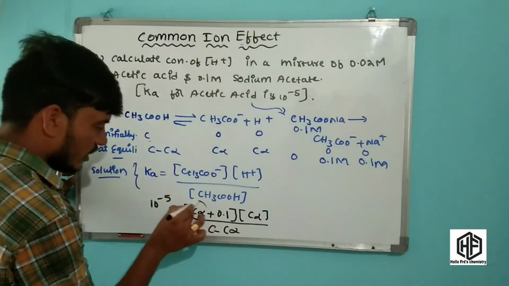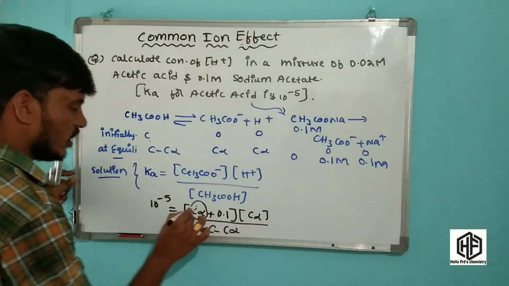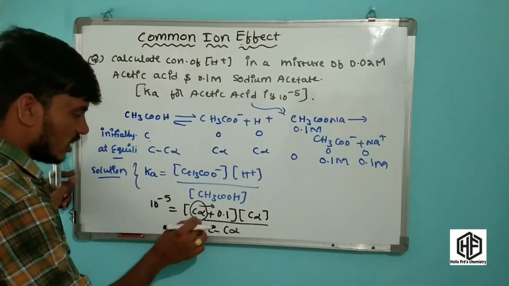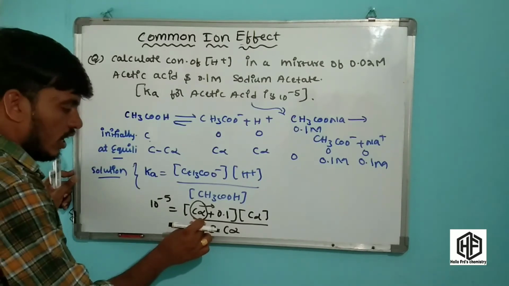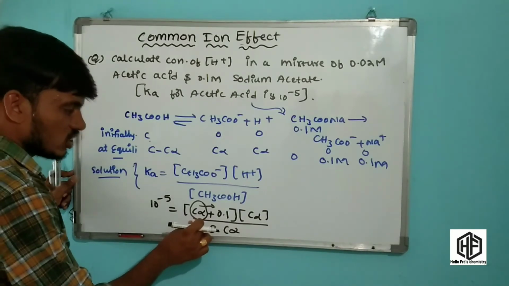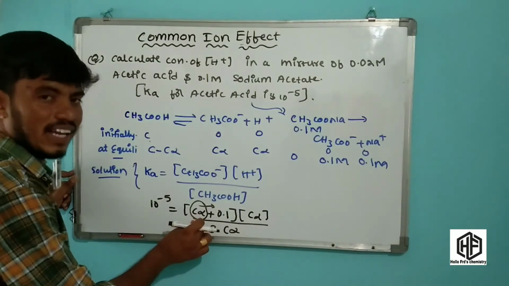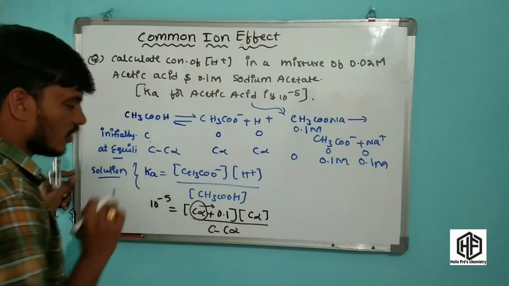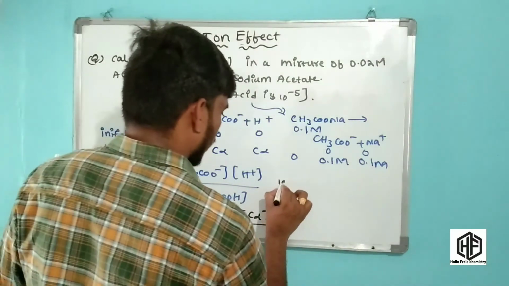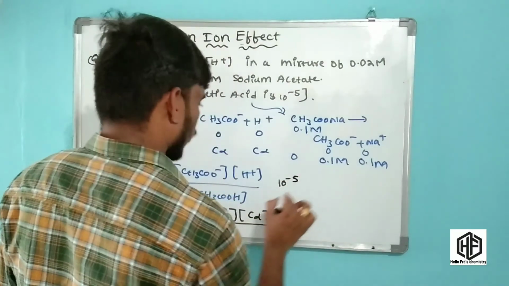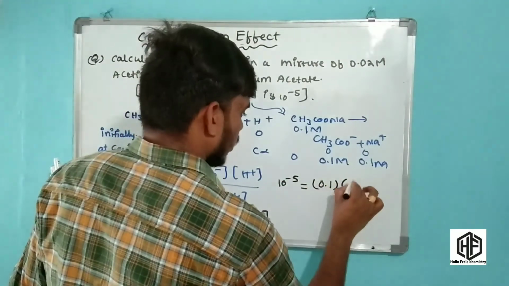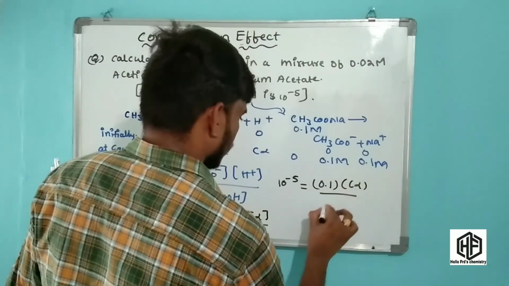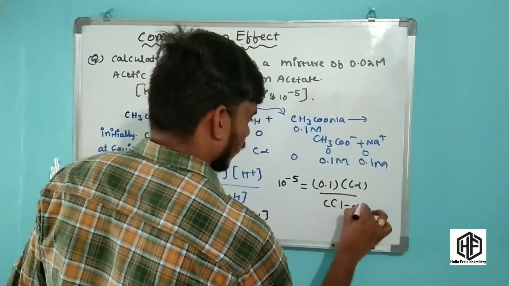It means this C alpha term is very small, so this common ion term from the strong electrolyte is neglected. This C alpha term is neglected. So 10 to the power of minus 5 equals 0.1 into C alpha by C into 1 minus alpha.